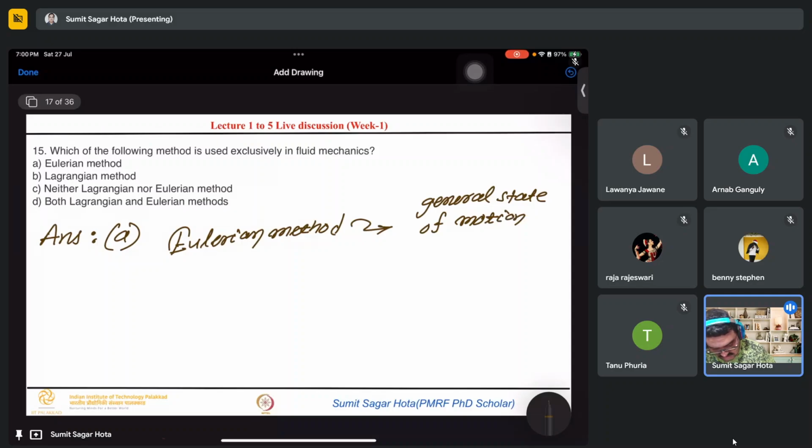But it does not mean that the Lagrangian method does not have any importance. It has its own importance. Okay, but in general, if you are asking me, then we use the Eulerian method.